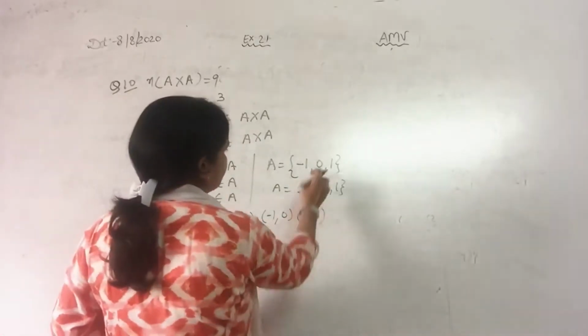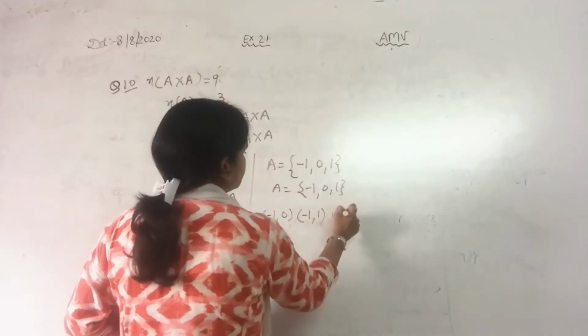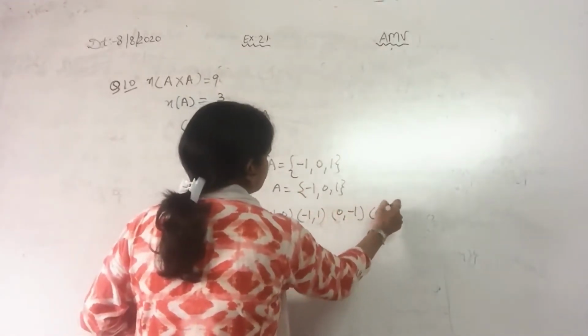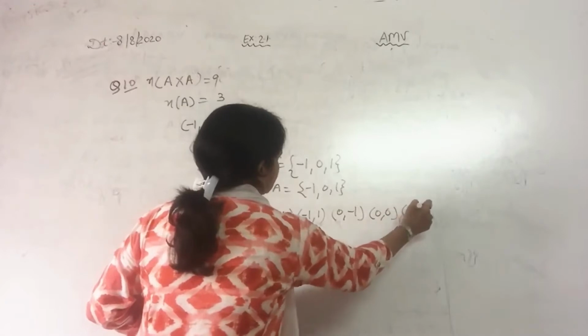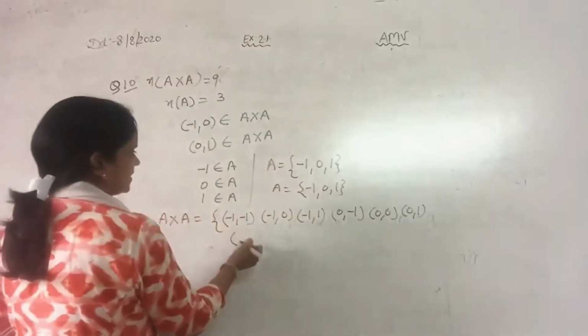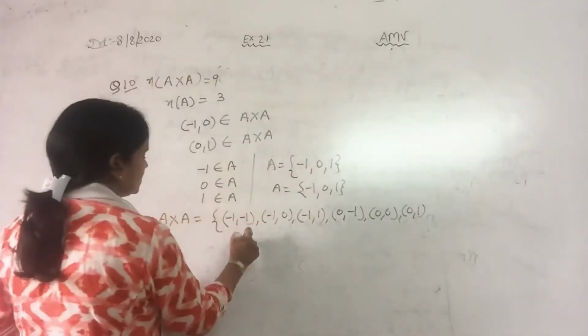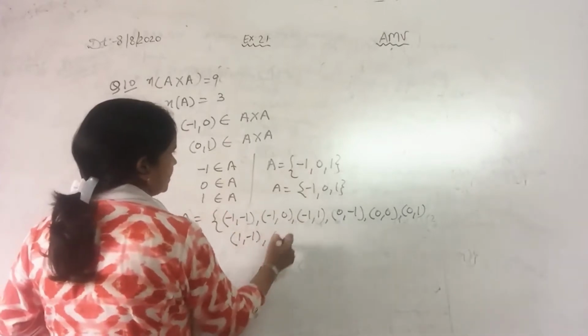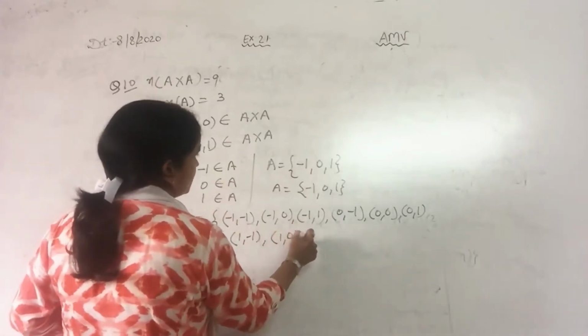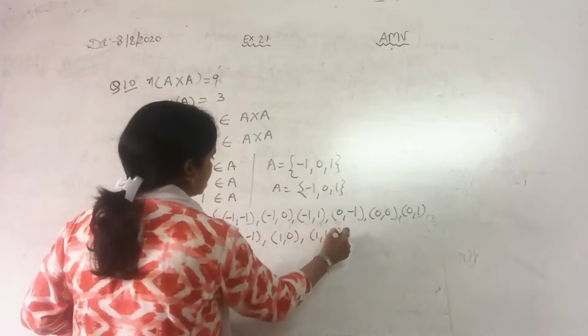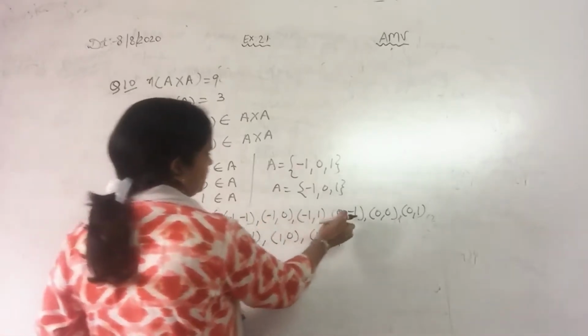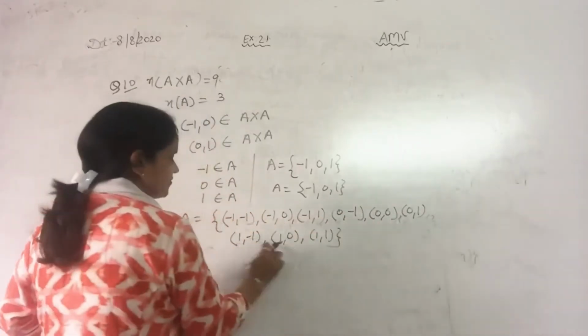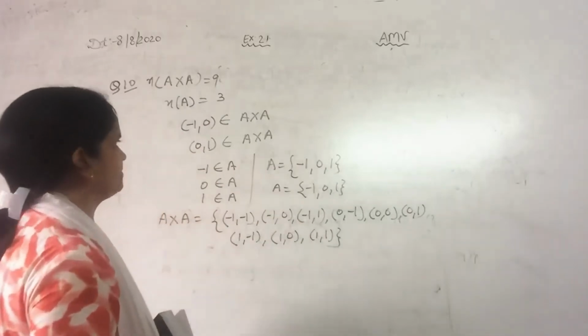Okay. And next is (0,-1), (0,0), (0,1). And next would be (1,-1), here (1,0) and (1,1). Okay. So 1, 2, 3, 4, 5, 6, 7, 8, 9 elements.